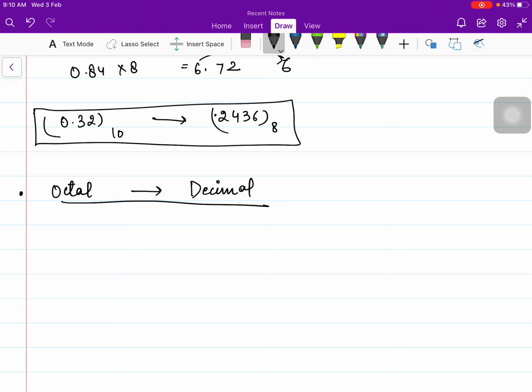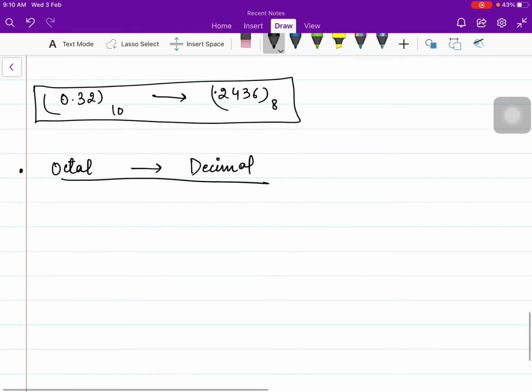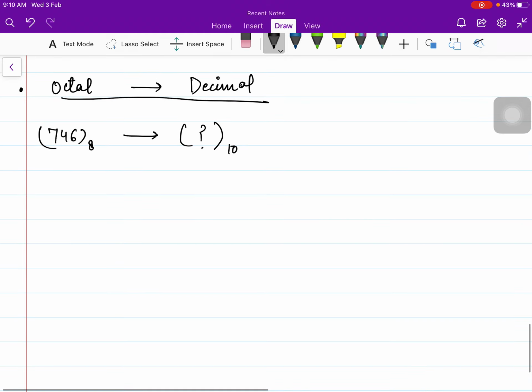Okay. Now everybody recall in your mind that how do we convert binary to decimal? I hope it is being recalled. Now let us do the question. So first question, 746 in octal being converted into decimal. So what was the process?